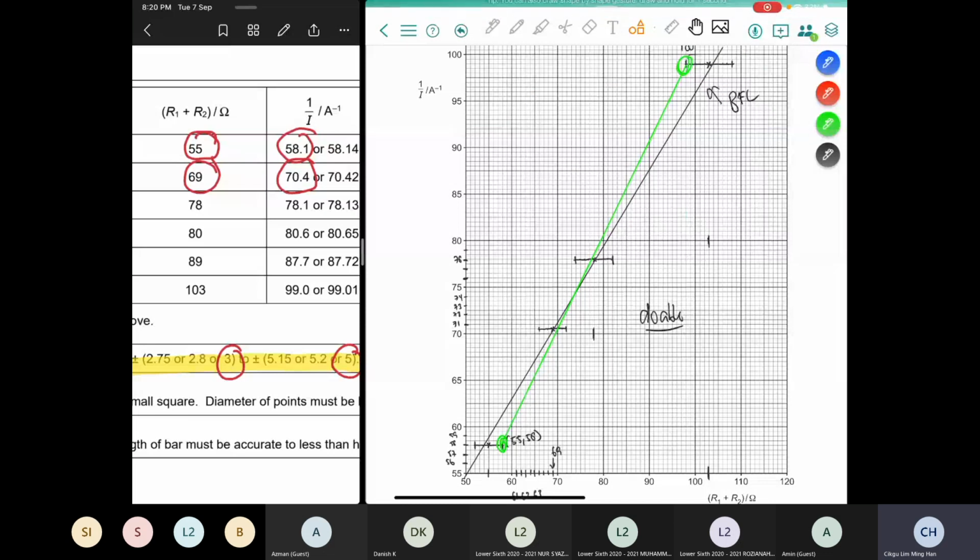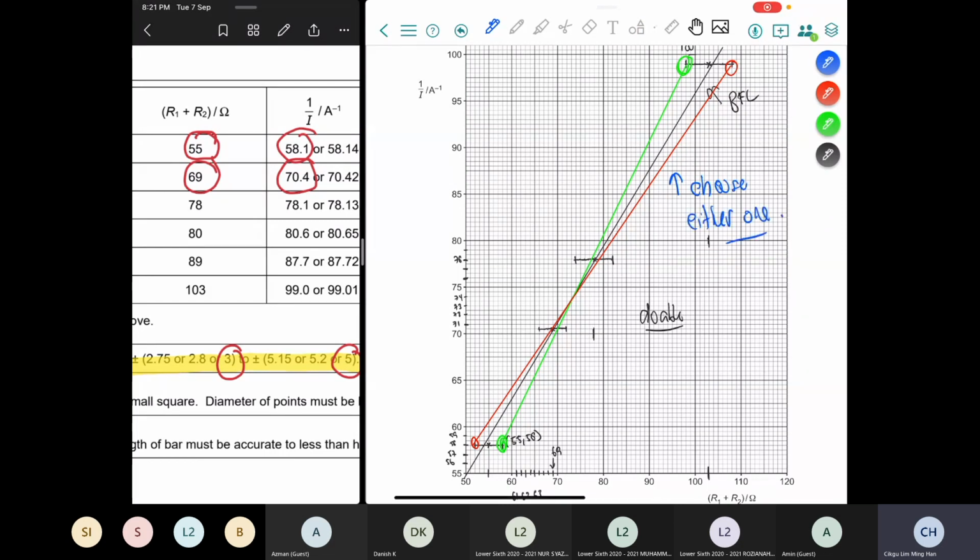This will be one of the worst fit lines. Or you can choose the other extreme, so you draw from here to here. Either one will be doable, so you just choose one.